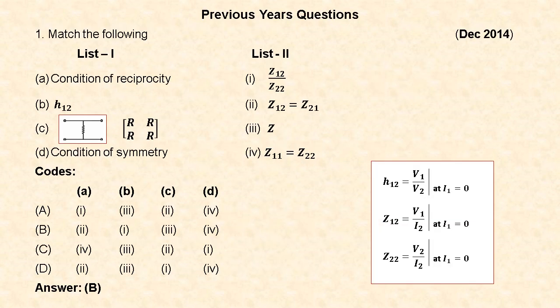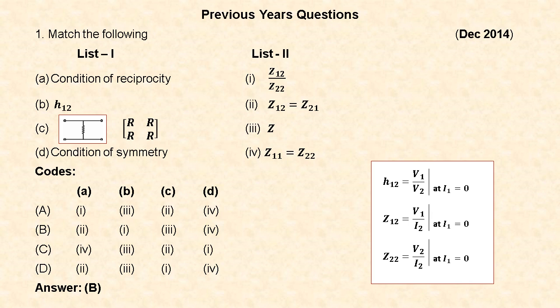Next, let us see the previous year's questions. First question, it is of match the following type, and it was asked in December 2014. Condition for reciprocity: we know that Z12 is equal to Z21 is the condition for reciprocity for Z parameter. And next is H12. H12 is nothing but V1 by V2 at I1 is equal to 0.